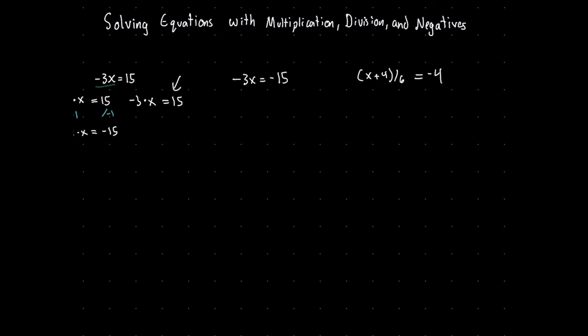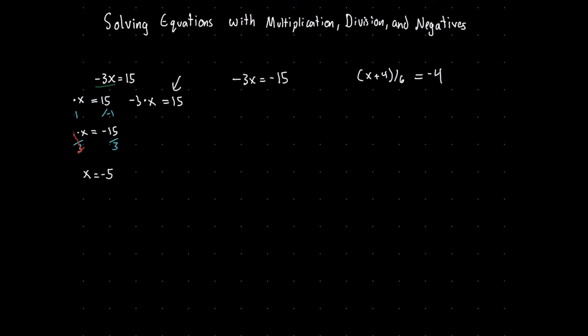Now 1 times 3 we can simplify as 3. The next step is dividing both sides by 3. This gives us a big 1 right here, and negative 15 divided by 3 gives us negative 5. So x equals negative 5.